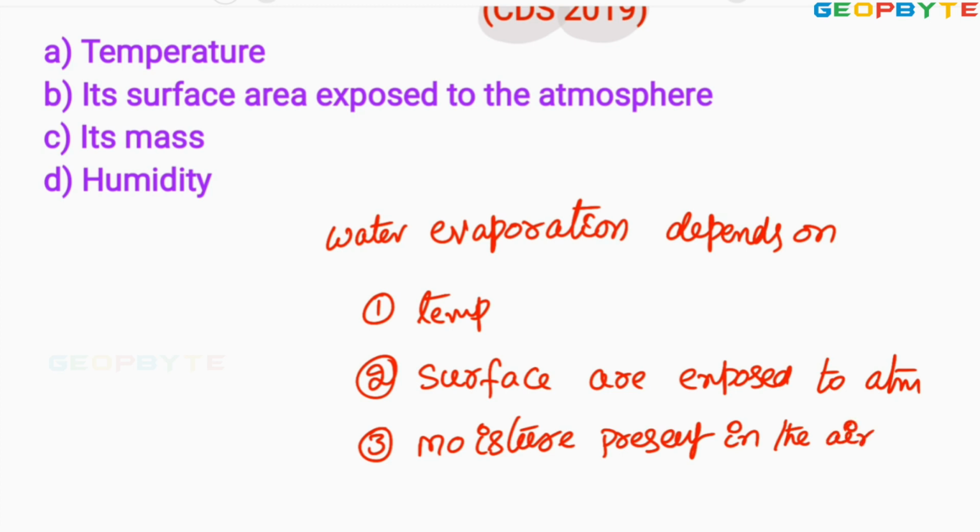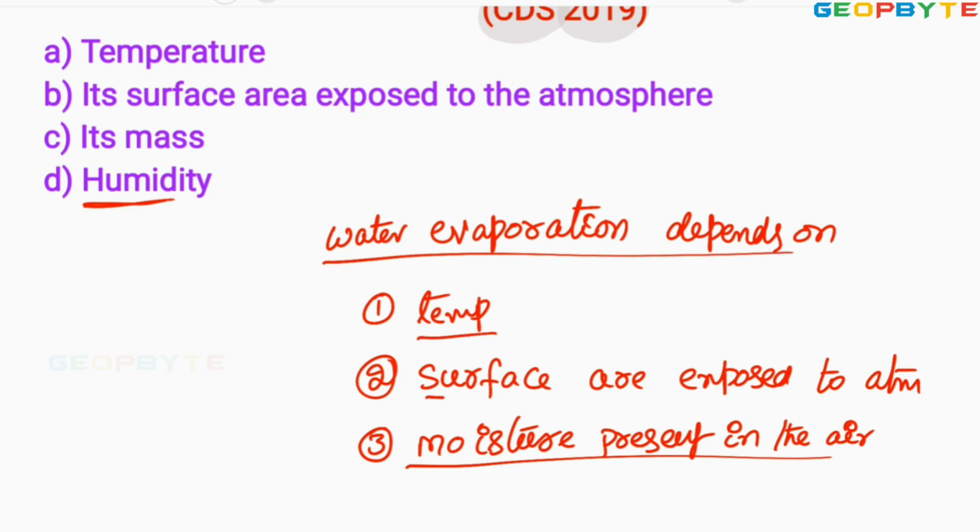Moisture present in the air is called humidity. Remember, when the moisture present in the air is more, the evaporation rate is less. Anyhow, the evaporation of any liquid depends on temperature, surface area exposed to the atmosphere, and humidity.